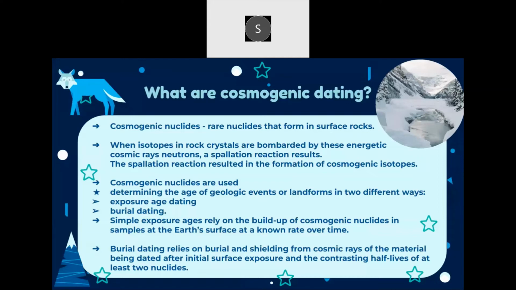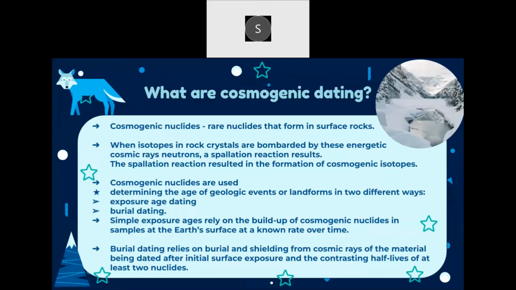Cosmogenic nuclides are used for determining the age of geological events or landforms in two different ways, which are exposure age dating and also burial dating. Simple exposure ages rely on the buildup of cosmogenic nuclides in a sample at the Earth's surface at a known rate over time.